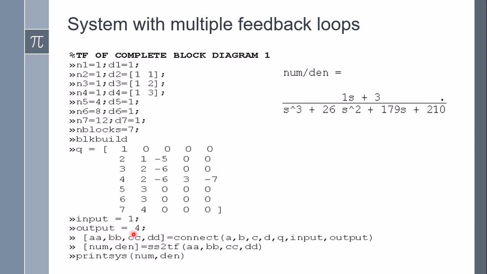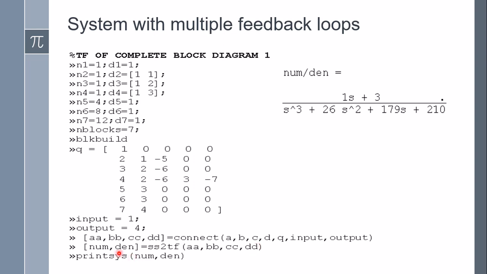Next, our ultimate objective is to compute the transfer function of the system. So we need a transfer function from the state space. We use the command state space to transfer function, ss to tf. Within the parentheses you feed the ABCD variables of the system.